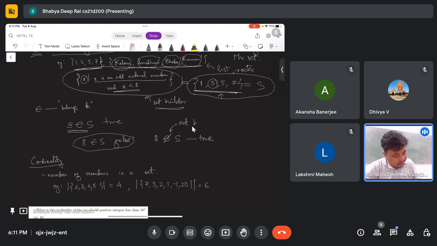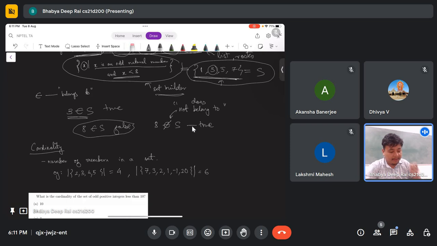Does not belong to. It does not belong to S. This is what it signifies, and this is true. You can think of it as analogous to the equals to and not equal to symbols.